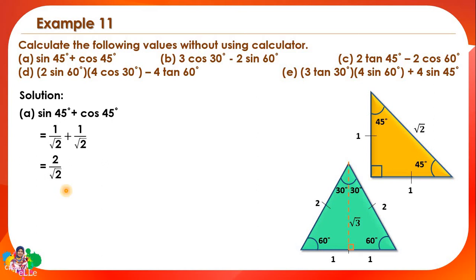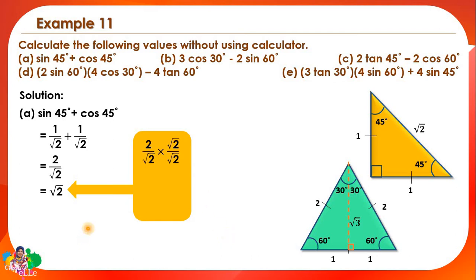How to simplify this one? The answer is square root 2. But how do you get square root 2? Let's look at how you get square root 2. Just now I told you that a surd cannot be the denominator. So you have to eliminate this square root at the denominator. To eliminate square root 2, you have to multiply with square root 2. You know that square root 2 multiplied by square root 2, this square root will disappear.